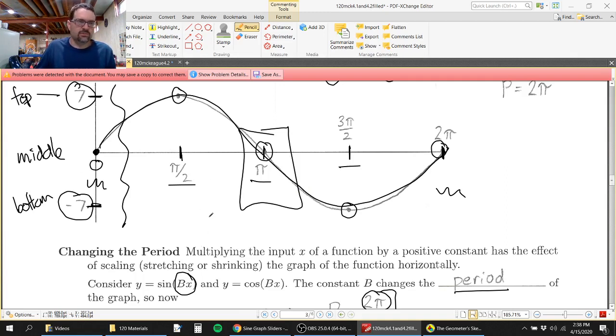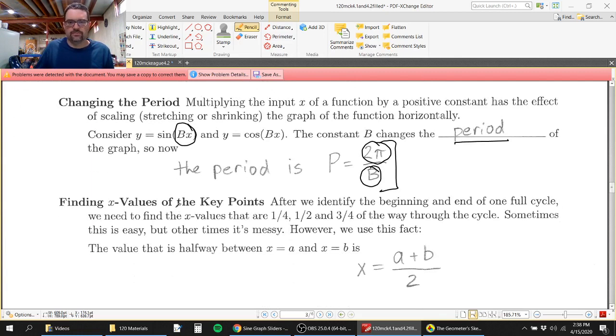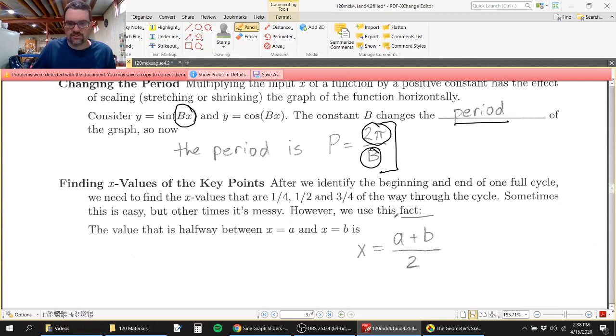And you take an average of two numbers just by adding up and dividing by 2. So we will use this fact a lot, especially when things get messy for us on the x-axis. If we start at some x-coordinate A and end at another one, the one that's exactly halfway in between the two comes from adding these two together, dividing by 2.